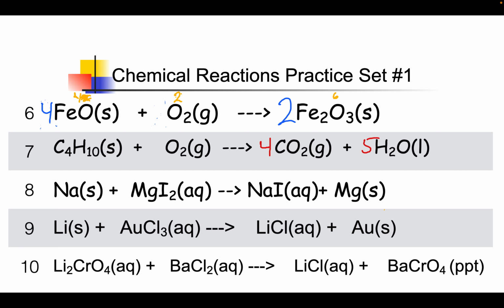So 4 carbons, 4 carbons. I got 10 H's. Now let's make that 10 H's. Still 10. 4 oxygens now. I've got 2. I got 4 times 2, I got 8. And 5 times 1. That's a problem. You'll see in a minute.